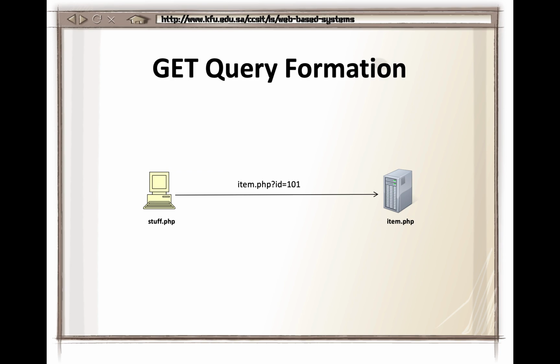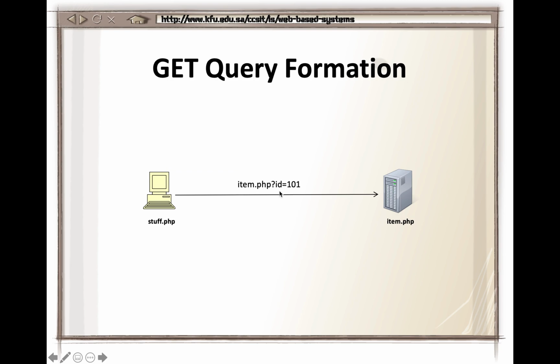When the user clicks on any one of those items, it goes to the item.php page, and this page will show more information about the item itself. So we want to send the ID of the item along with the request. We are essentially creating a GET query without forms.